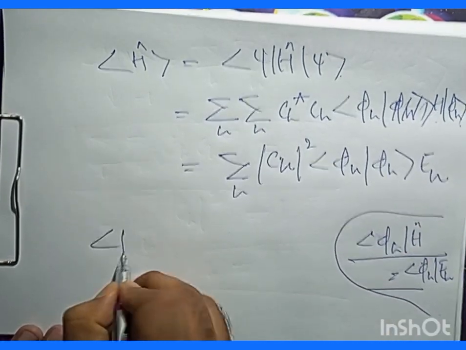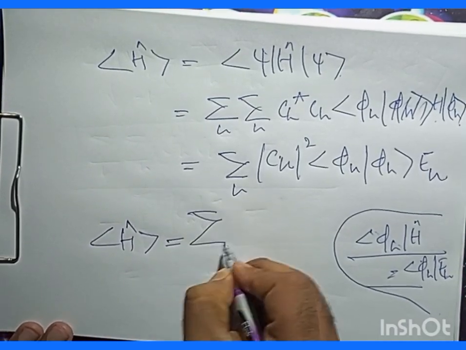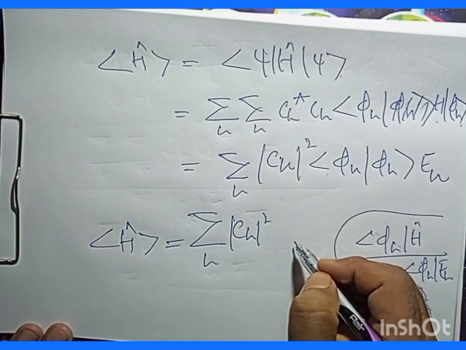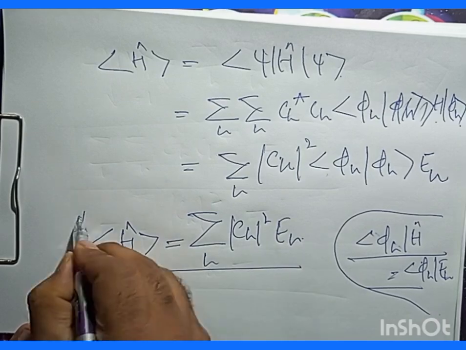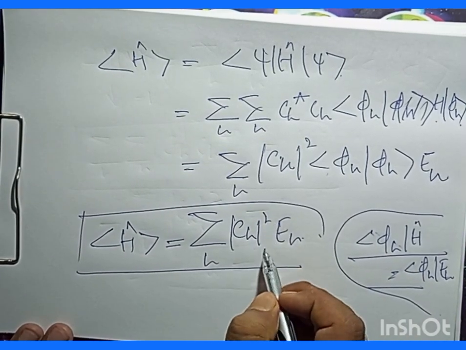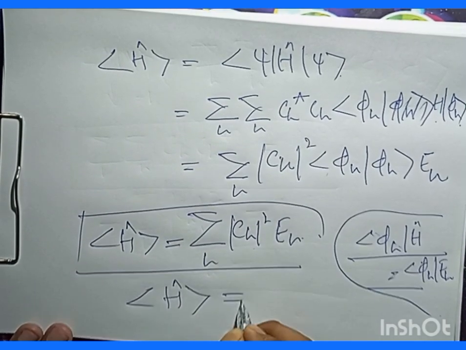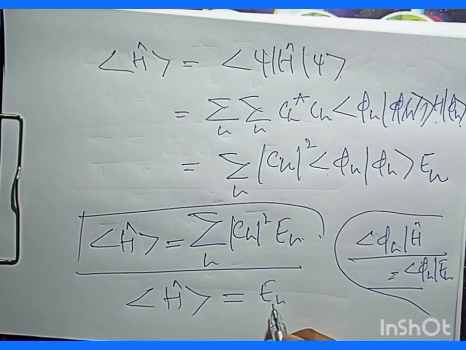So the expectation value of the Hamiltonian will be the sum over n of Cn squared, with <phi n|phi n> equal to 1, times En. But we have already calculated that the sum of Cn squared is equal to 1, so the expectation value of the Hamiltonian is simply equal to En.